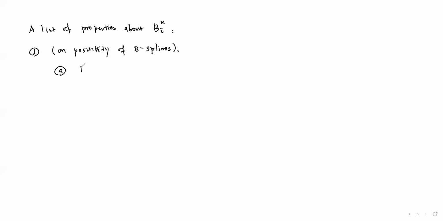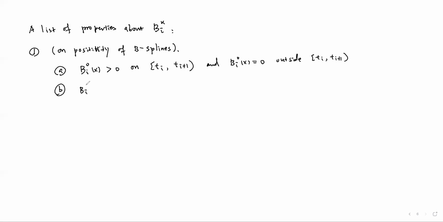A, when k is 0, B-splines of degree 0, it is greater than 0 on this interval and equal to 0 outside this interval. So B_i,0 is non-negative. How about for general k?